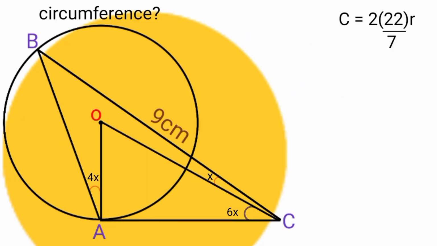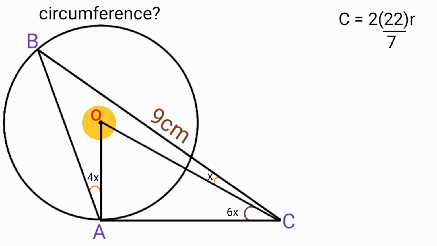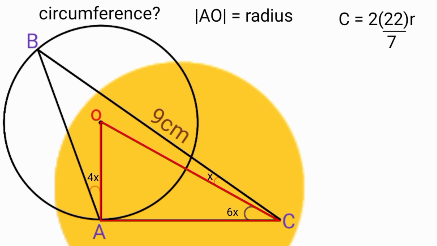So if we look here, since this point is the center, this line AO here is a radius of the circle, because it was drawn from the center down to the circumference. To find its length from this triangle here, we will need the length of one of the other two sides of the triangle, and also the sizes of at least 2 interior angles of the triangle, though we don't have any.